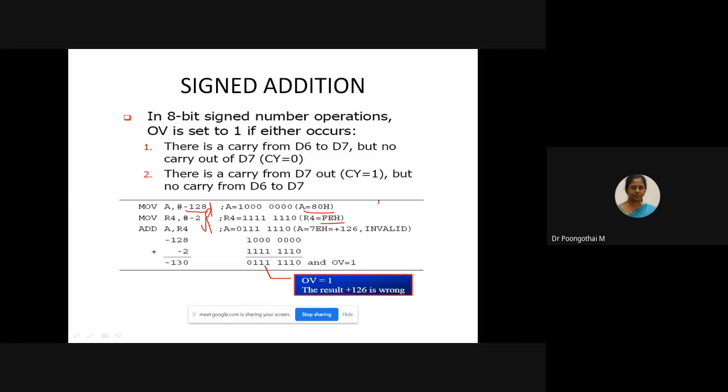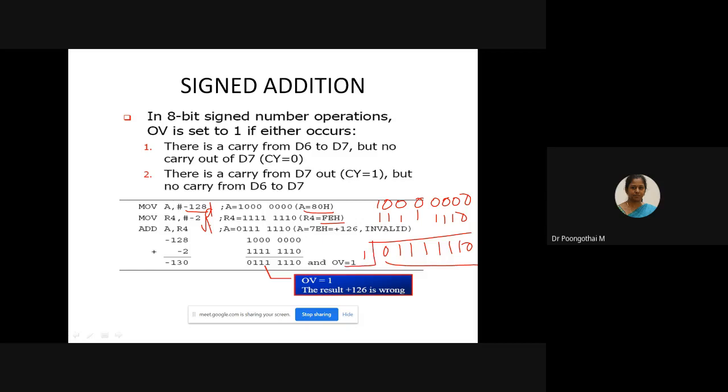So 1 0 0 0 0 0 0 0, and here I am performing addition with 1 1 1 1 1 1 1 0. Adding these two gives 0 1 1 1 1 1 1 0 with a carry of 1.